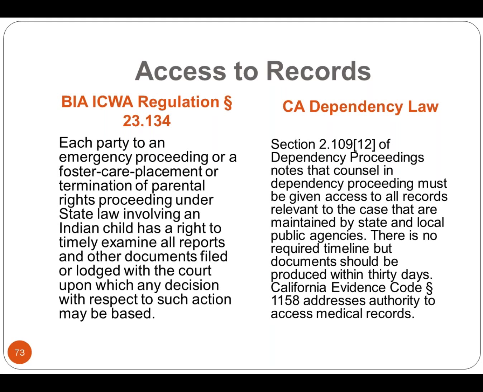But there's no required timeline. However, documents should be produced within 30 days. And frankly, I just don't think that this language is as strong as what we see in the new regulation. So I think this is a great addition to what we already know about the Indian Child Welfare Act.